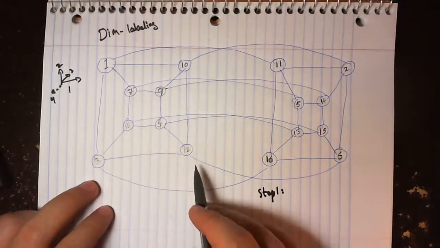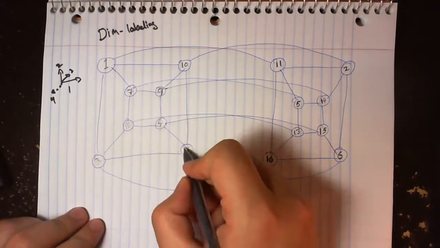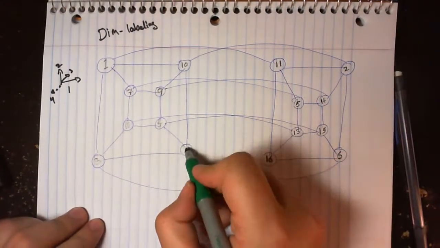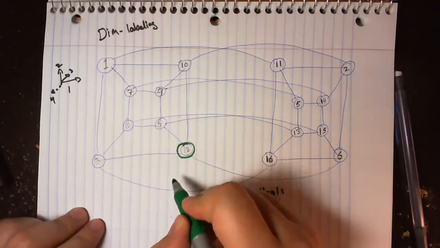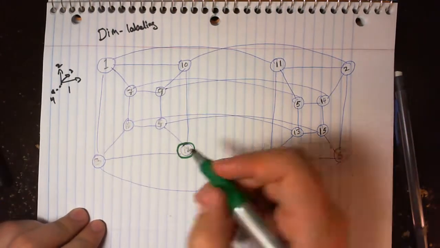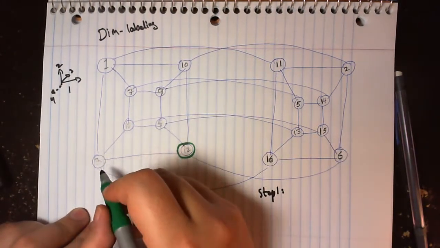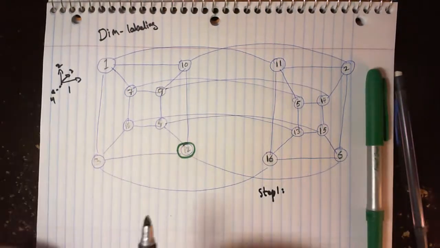So 3 and 12: 3 dies, 12 wins. 12 is the winner here, and 3 just becomes a null that just forwards stuff.